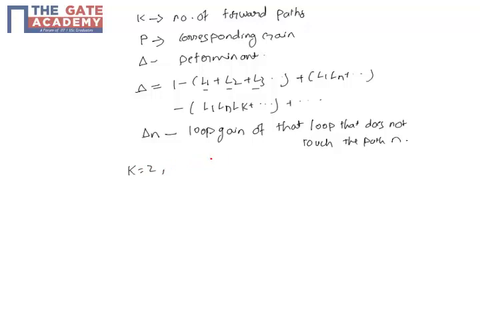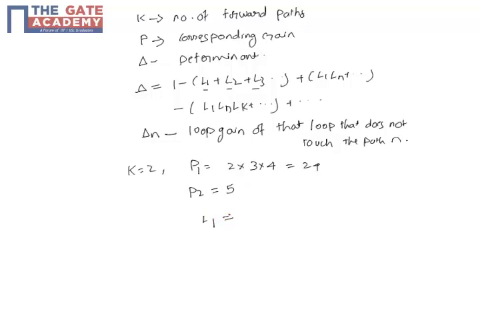Now the path gain of the first forward path, P1, is, like I mentioned, 2 into 3 into 4, which is equal to 24. Similarly, the second path gain is equal to 5. Now we have to calculate L1, L2 and those things.